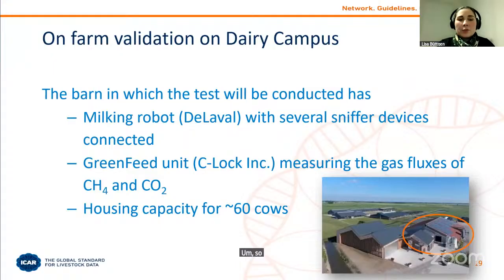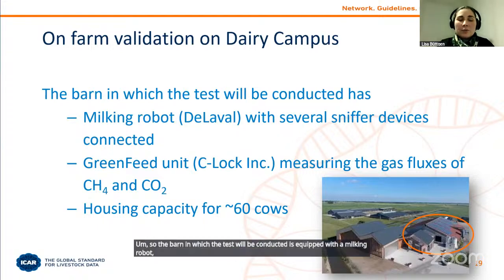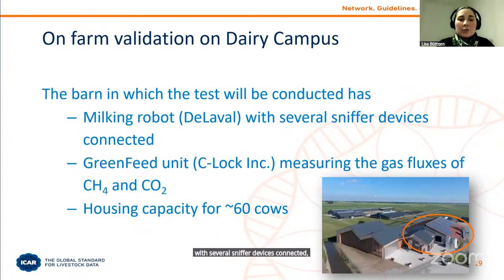So the barn in which the test will be conducted is equipped with a milking robot with several sniffer devices connected and with a green feed unit which measures the gas fluxes of methane and CO2. And the barn, which you can also see here on that picture, or the compartment of that barn has housing capacity for 60 cows.